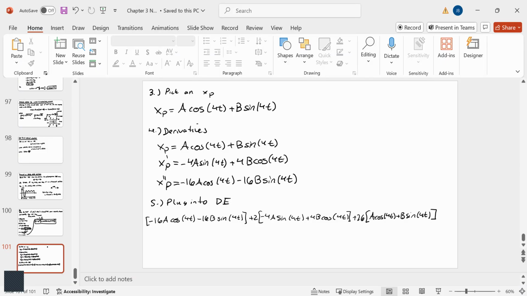Nope, was not able to fit it all. Equal to, what would it be? 2 cosine 4t, right?